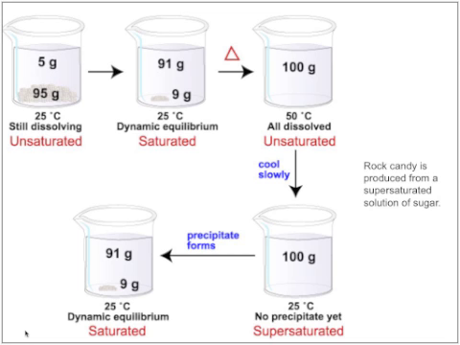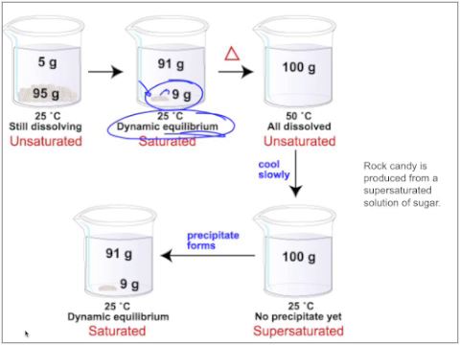So here we've got 100 grams in the 100 milliliters of water. At 25 degrees, we reach something called a dynamic equilibrium. Equilibrium meaning we're holding the most amount, it's equal and it's not going to change. This remaining 9 grams is going to remain that way. Maybe some might dissolve out while others re-solidify.